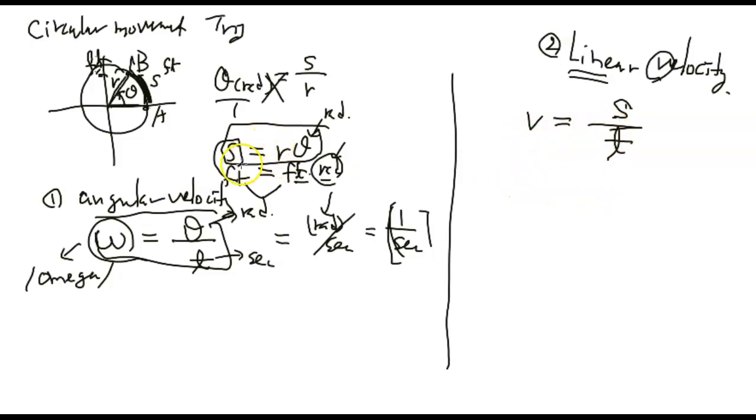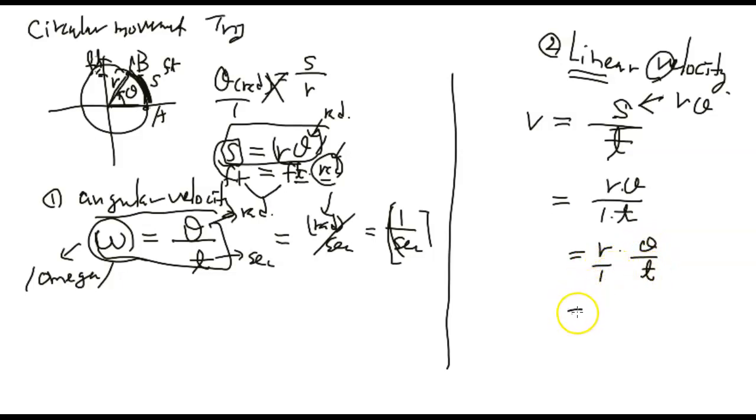We know that the subtended arc length is r theta. So we replace S in the numerator with r theta, giving r theta over time t. This is r over 1 times theta over t.